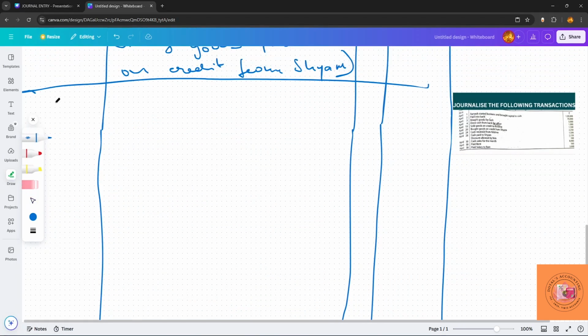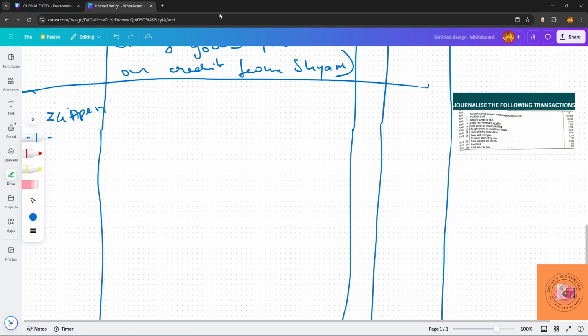Now our next transaction, cash received from Krishna rupees 1500. Okay. So Krishna is repaying us and he's paying us in cash. So date, we'll first write the date 24th April. Now the accounts involved here are cash and Krishna.